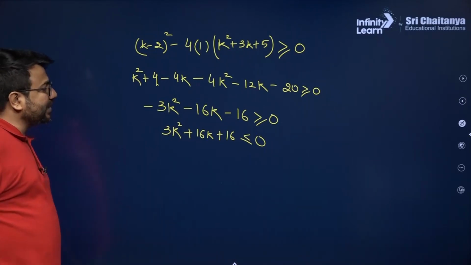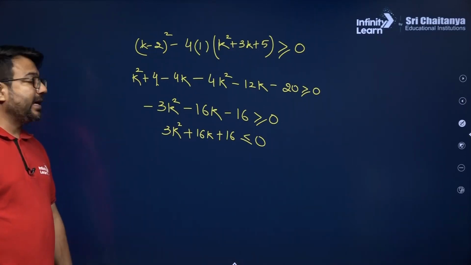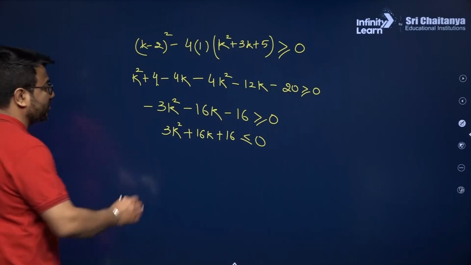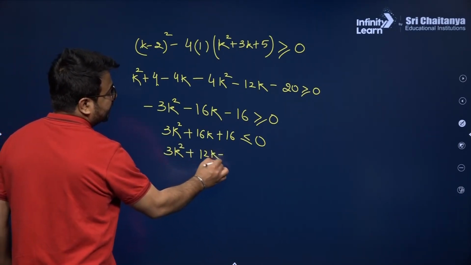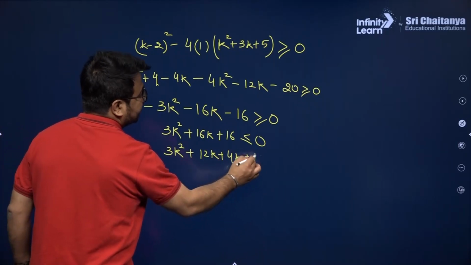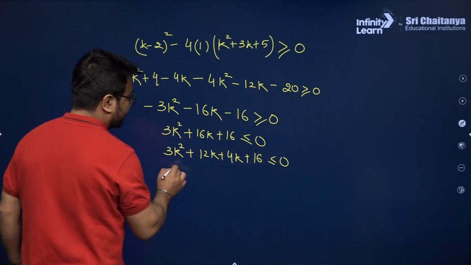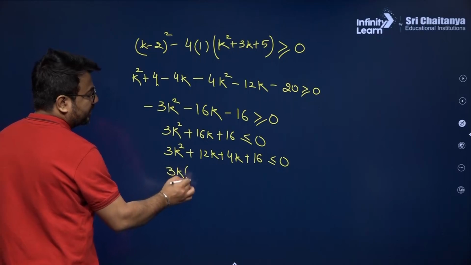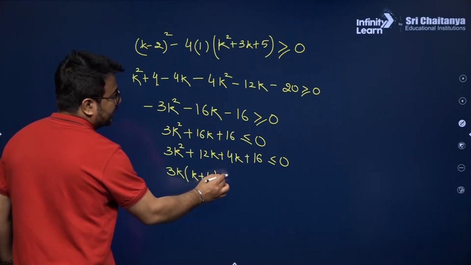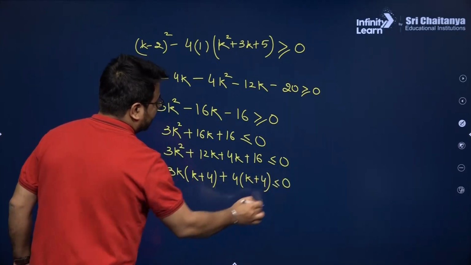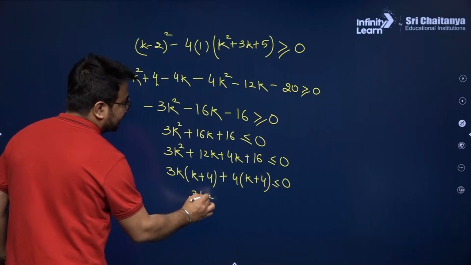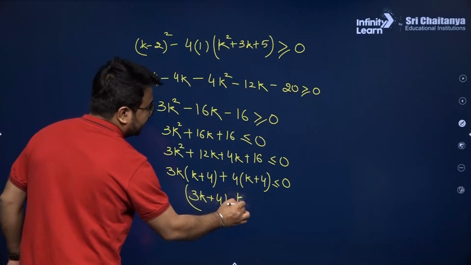So 16 into 3 becomes 48, and if I try to factorize, I will write here 3k square plus 12k plus 4k plus 16 less than or equal to 0. I am taking 3k common, I will be left with k plus 4. I am taking 4 common, I will be left with k plus 4, less than or equal to 0. So there are two factors, 3k plus 4 and k plus 4.